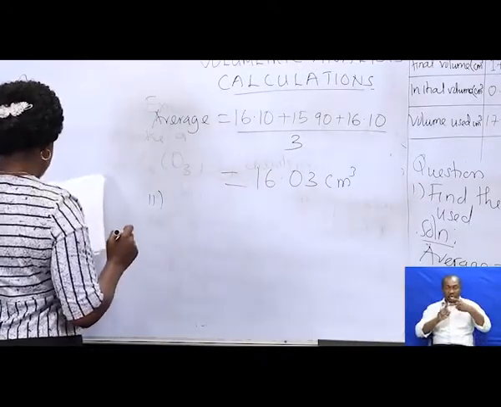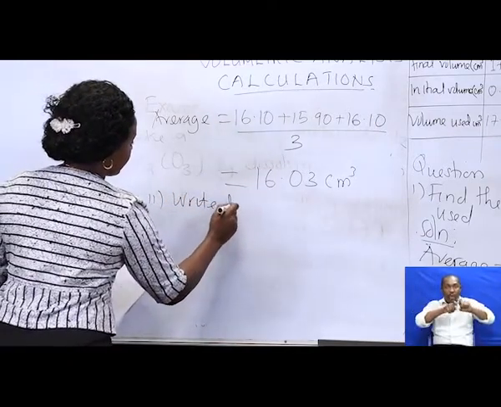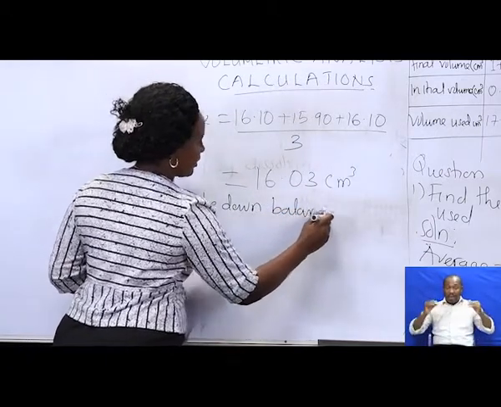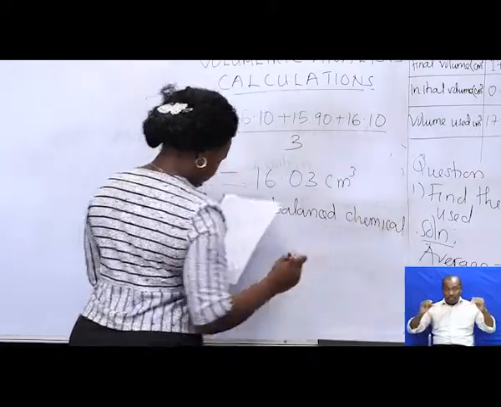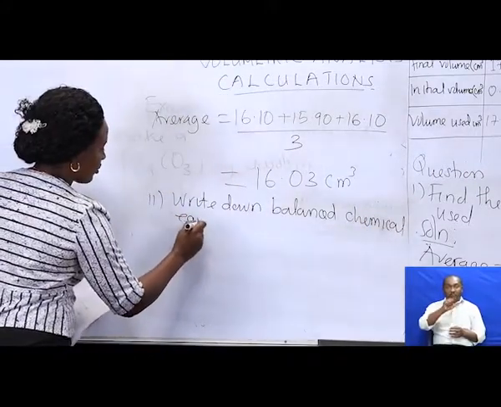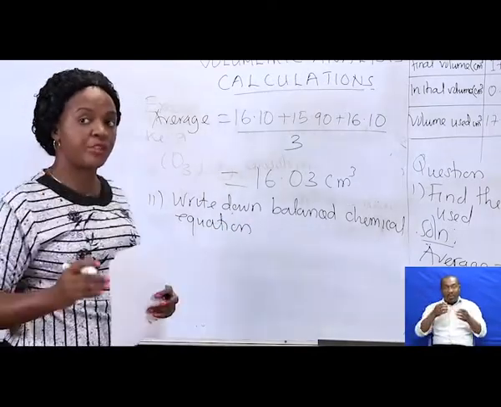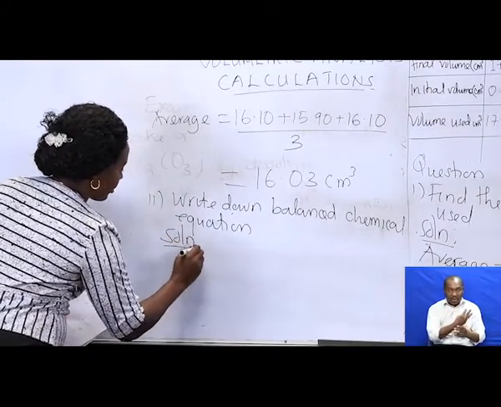Roman 2 is asking, write down the balanced chemical equation. So you must write what is happening between metal carbonate and hydrochloric acid. So we'll go for the solution as well. What is happening?